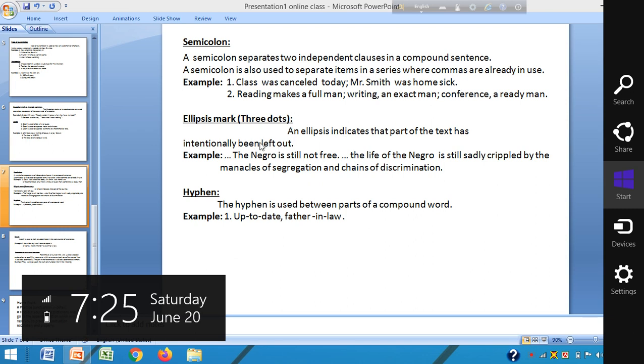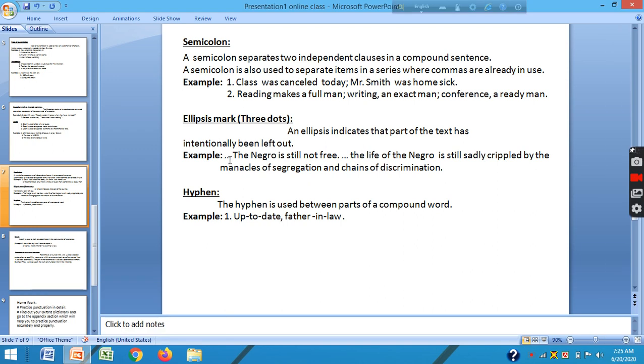Now let us see the use of the ellipsis mark or three dots. An ellipsis indicates that part of the text has intentionally been left out. Here you see an example which starts with three dots: "...the Negro is still not free, and the question."